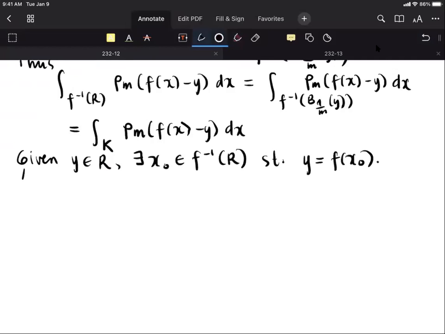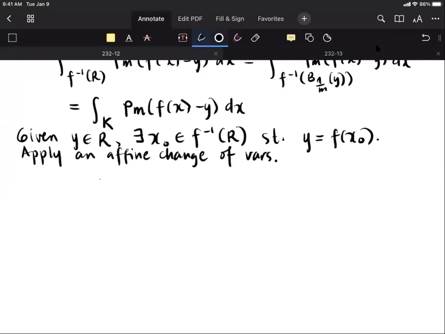We now apply an affine change of variables. Namely, we change x to some variable w.